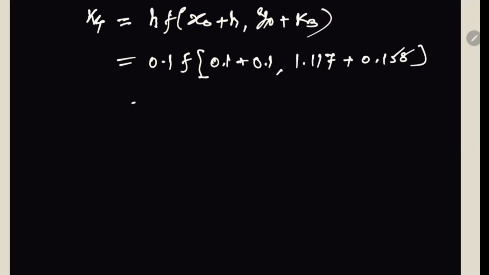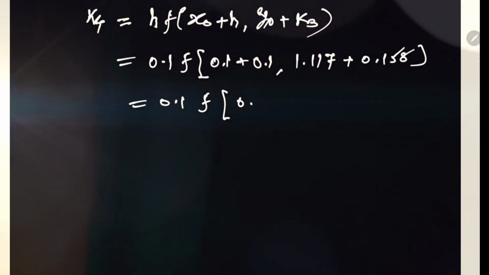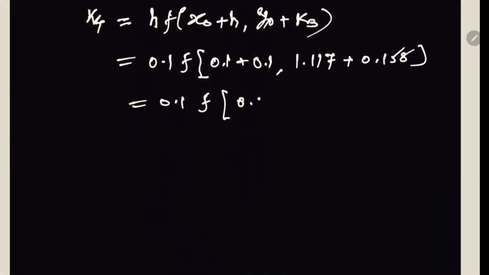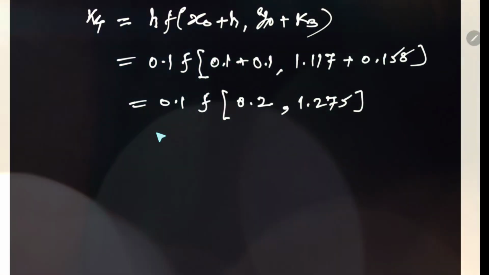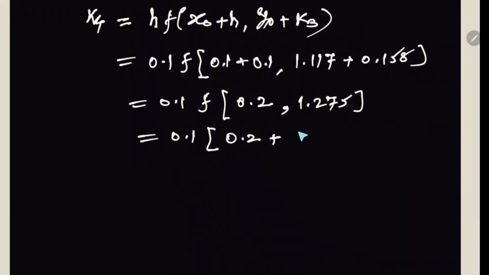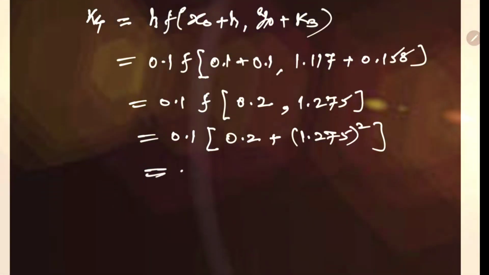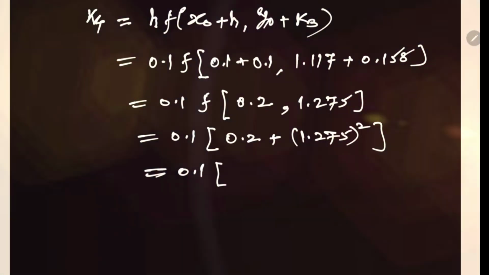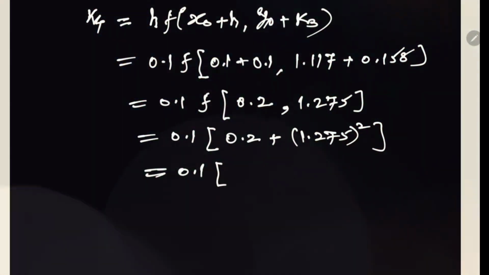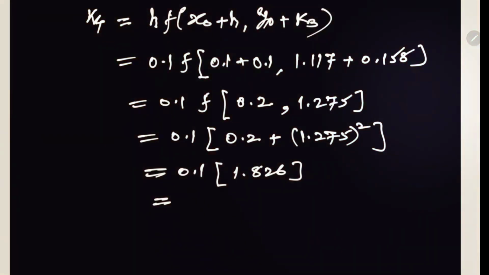Then it is 0.1 function of 0.2, 1.1 plus 0.1 we get 0.2, and second term as 1.275, and then it is nothing but x plus y square, means 0.2 plus 1.275 whole square. 0.1 into that sum, 0.2 plus 1.275 whole square by calculator, it is 1.826.